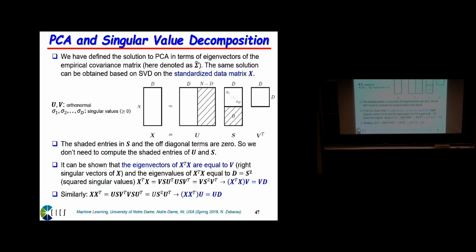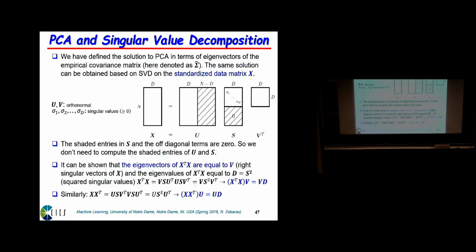So if you take the input data, these are d-dimensional data, and you have N points, all right? So this is the design matrix X. A singular value decomposition looks like X equals U S V transpose, where U is an orthogonal matrix, S has the structure that you see here, I'm going to explain shortly, and V is another orthogonal matrix.